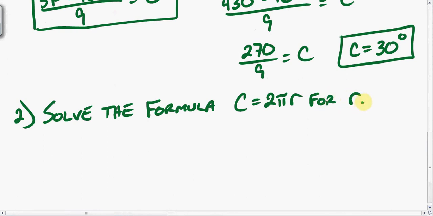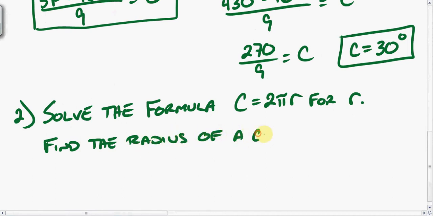Then we're going to find the radius of a circle with a circumference of 88 inches.